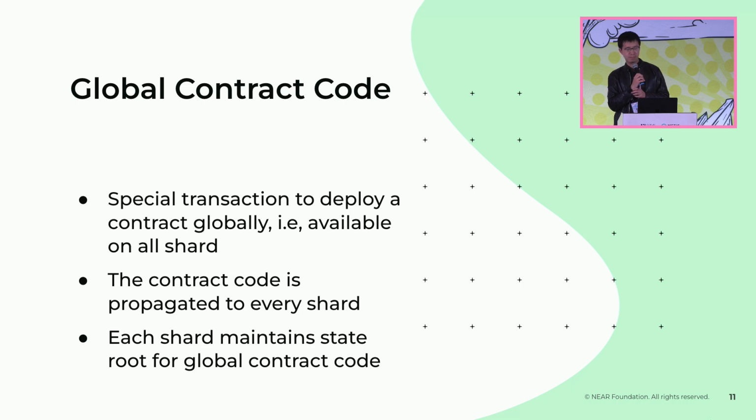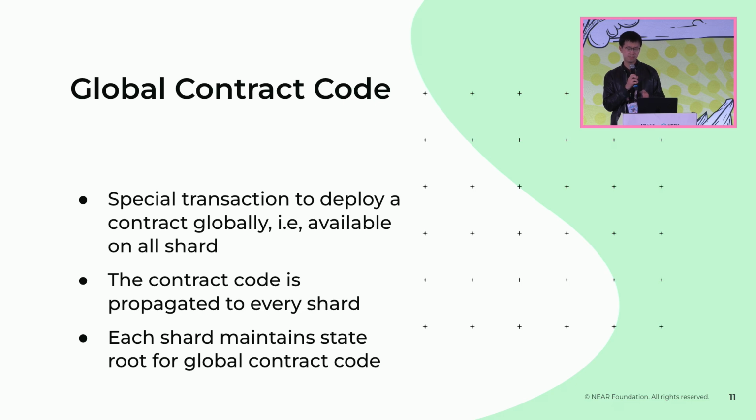It means that it's basically a special transaction that, instead of deploying the contract code on some specific account, let's say Alice.near, deploys it into a kind of global state that is simultaneously available on all shards. Roughly, how this works is that when you do this deploy contract transaction, it generates a receipt that goes to every single shard.